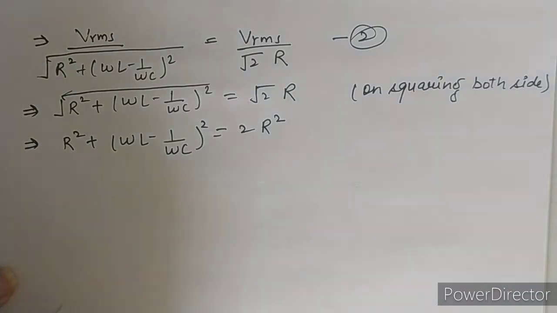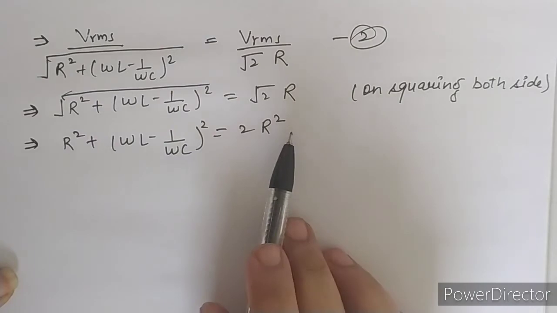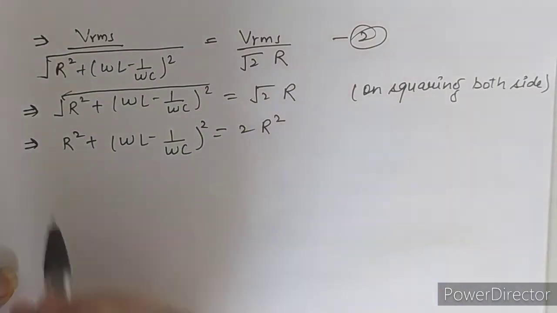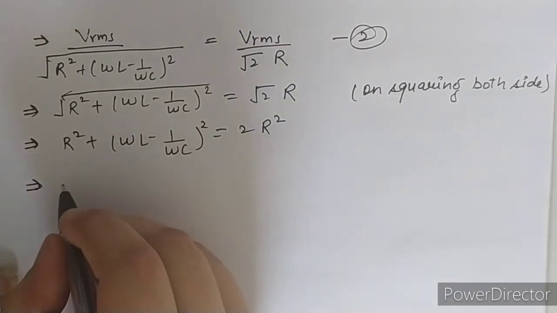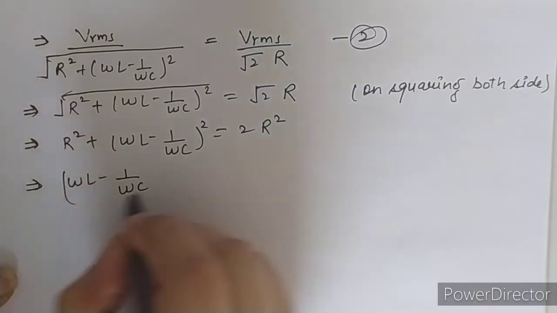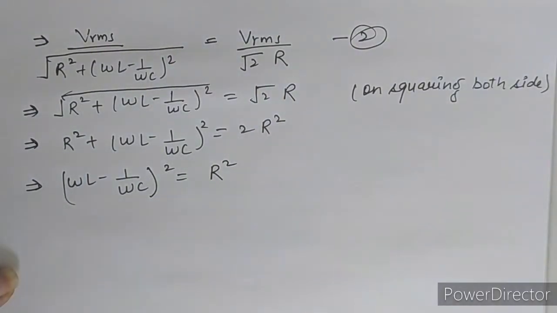Clear? Now when this R square goes to the other side, it will be in minus form. 2R square minus R square leaves only R square, since 2 minus 1 is 1. So here (omega L minus 1 upon omega C) square is equal to R square. You get the point?